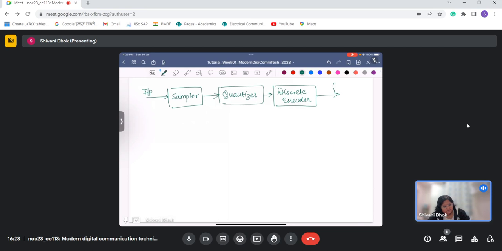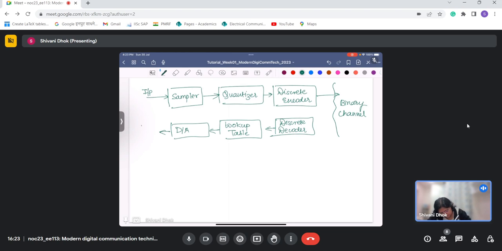And then here we had the binary channel, then the dual of the discrete encoder was the discrete decoder, then the lookup table, and then we had the D2A converter, and this is the output sequence.